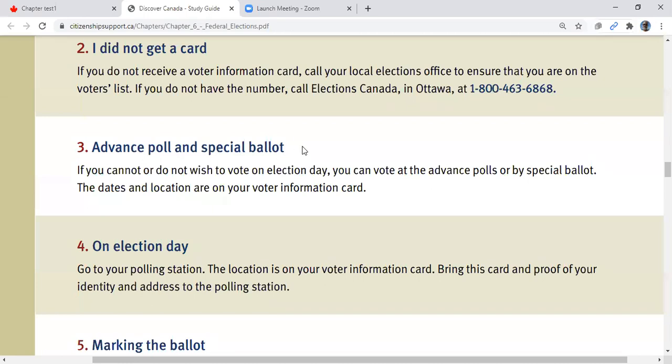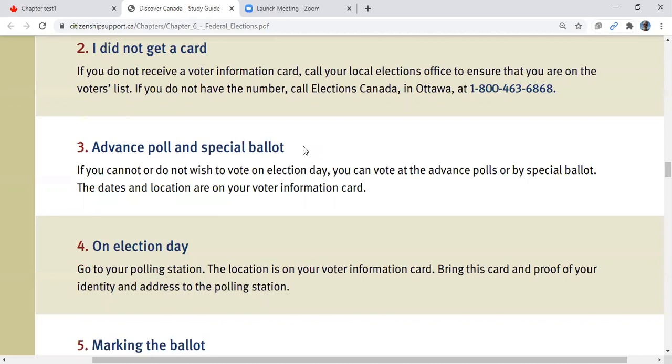Advance is second choice? Is that what you said? No, not really a second choice. Advance in this way means before, like advance poll.